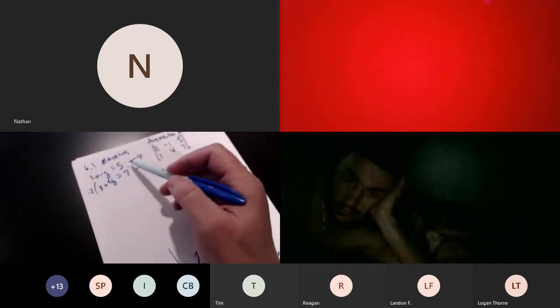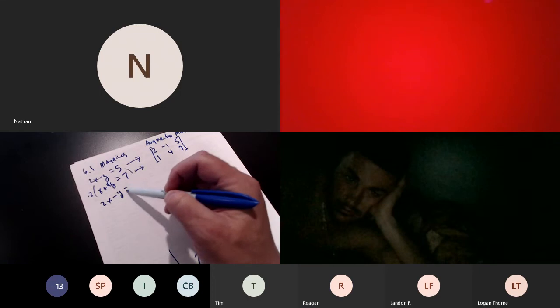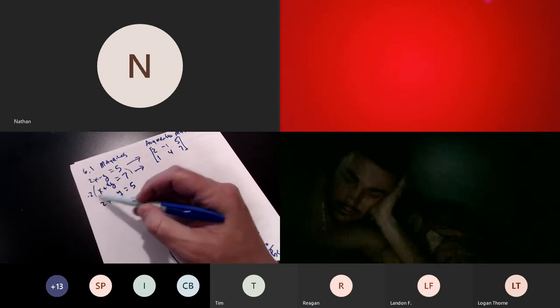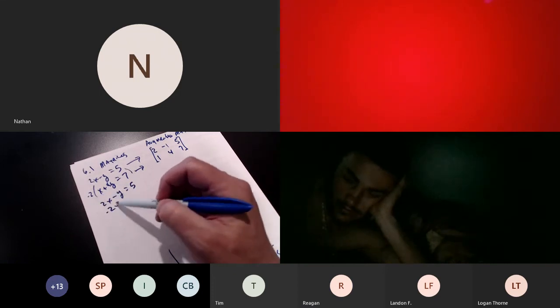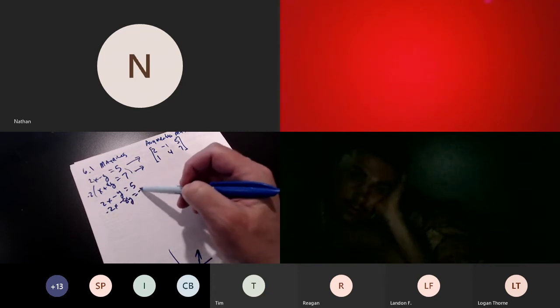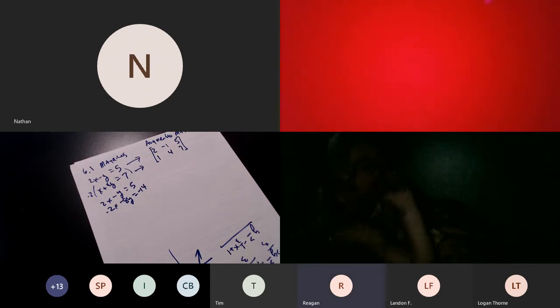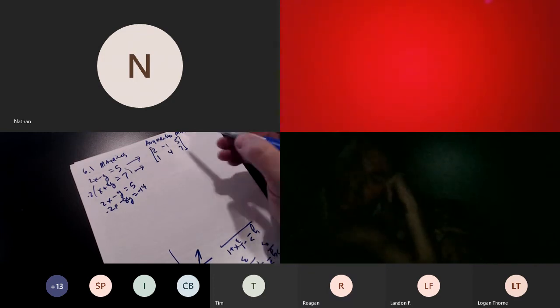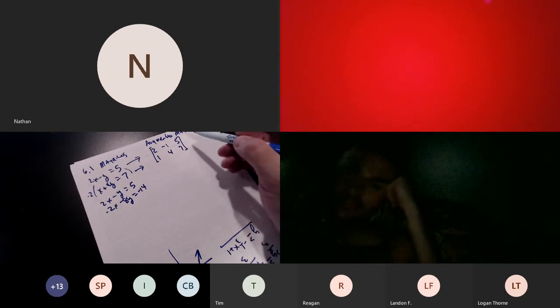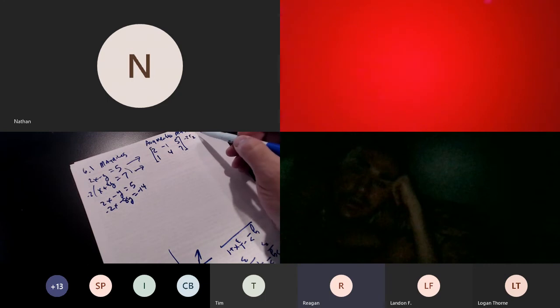If I rewrite the top equation, this becomes 2x minus y equals 5. And then the bottom equation becomes -2x minus 8y equals -14. Correct? Yes. Okay. So what I could do here with the augmented matrix is take -2 times row 2 and do the same thing.